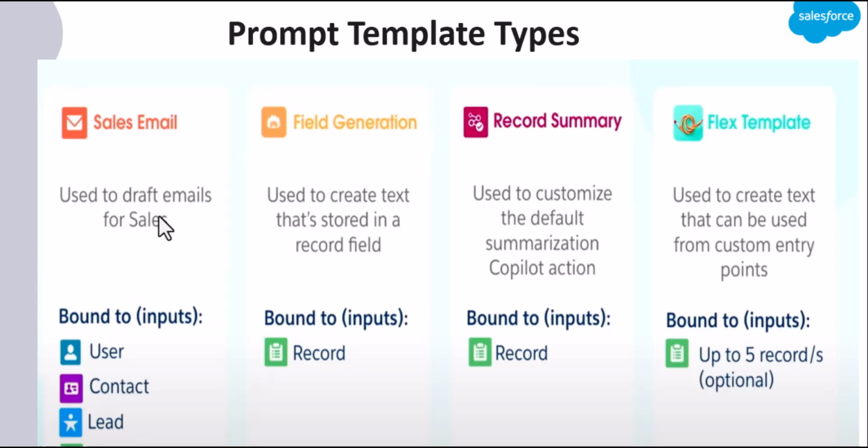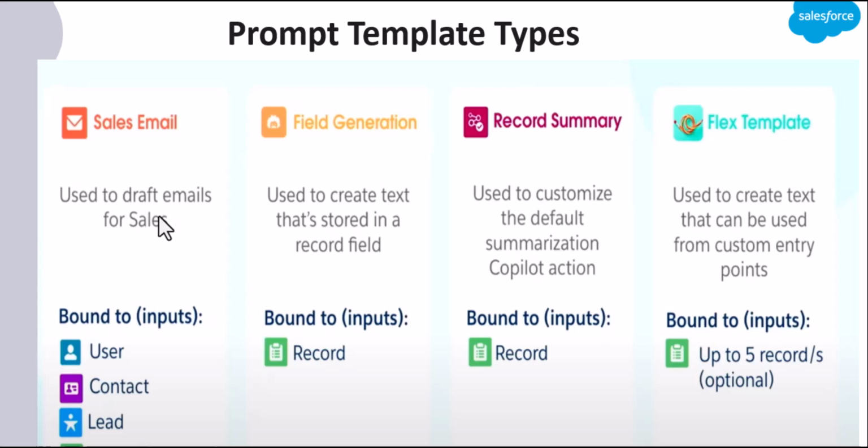So here, for the cases we will create a field called pending cases, and then we will add that field to this field generation prompt template. And after creating it, whatever pending cases that account has will get displayed in that field. Because of this, without navigating to the related object or the related cases, we can see those cases on that account itself.